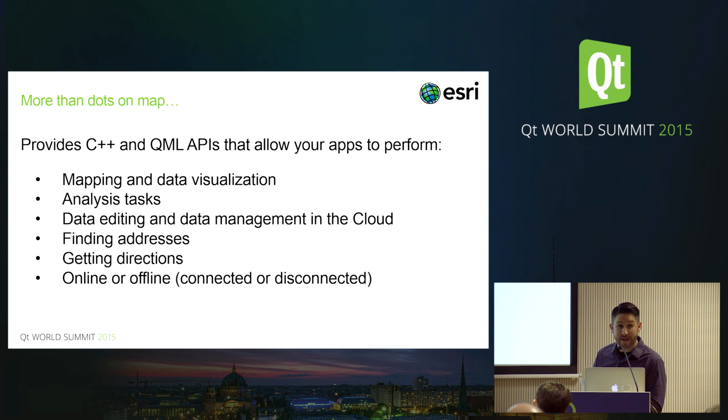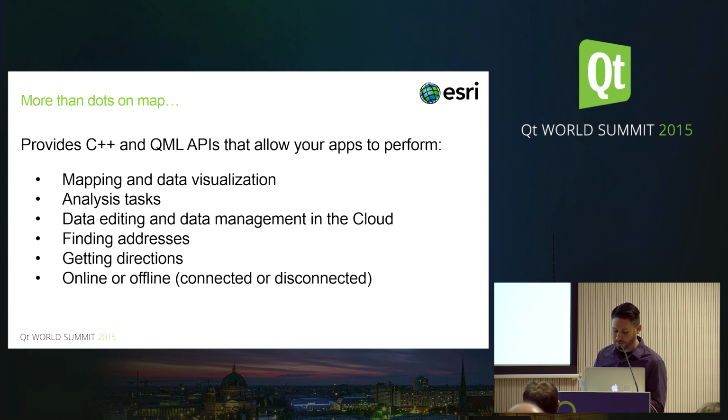Edit and manage your data in the cloud to be able to persist your data. And it would make your map more attractive and versatile if you could perform all of that functionality locally on your machine without being connected to the internet. So we have a solution for disconnected map use and disconnected workflows.